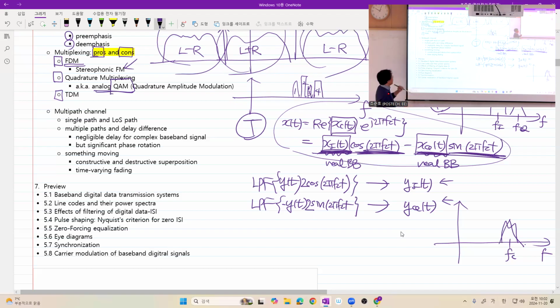For example, in TDM, synchronization is a very important issue. So in very old radio communications, people preferred FDM, even though it utilizes spectral efficiency less. For quadrature multiplexing, in the ideal case, you can save bandwidth.